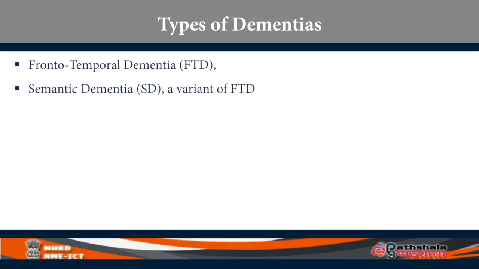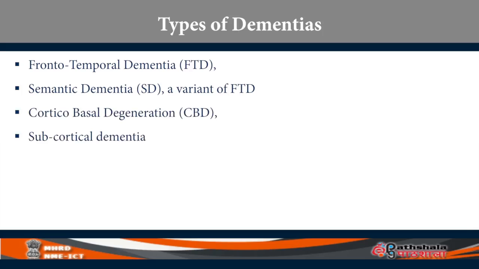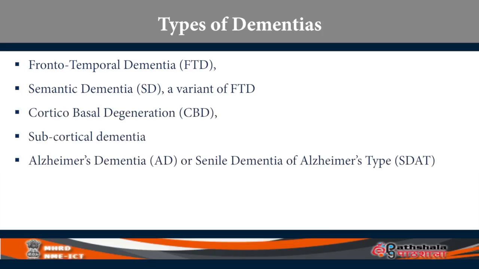These are some of the different types of dementias: frontotemporal dementia, FTD, semantic dementia, SD, which is a variant of FTD, corticobasal degeneration, subcortical dementia, Alzheimer's dementia, or senile dementia of Alzheimer's type, SDAT. Alzheimer's dementia is AD.